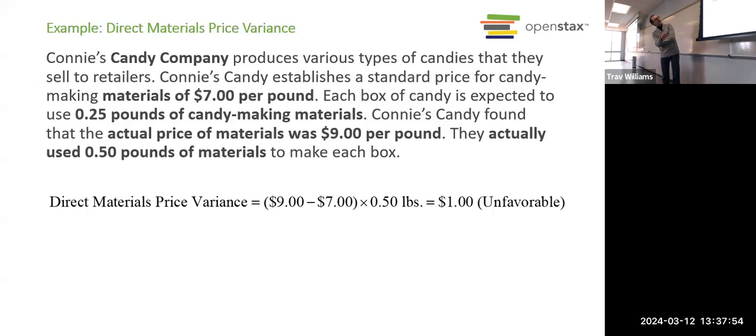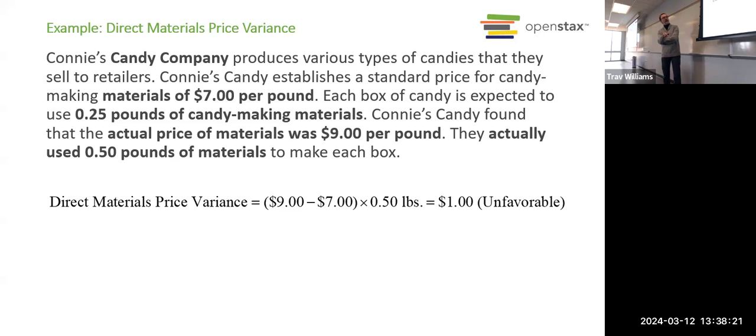It says here the actual price was $9 per pound for materials. Notice that $9 is here. The standard price is $7 per pound for materials, and that goes here. So the difference between the actual and the standard is $2, right?